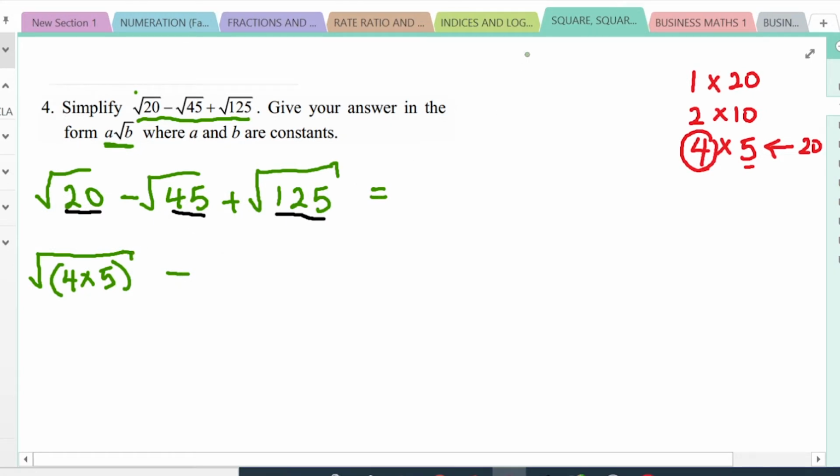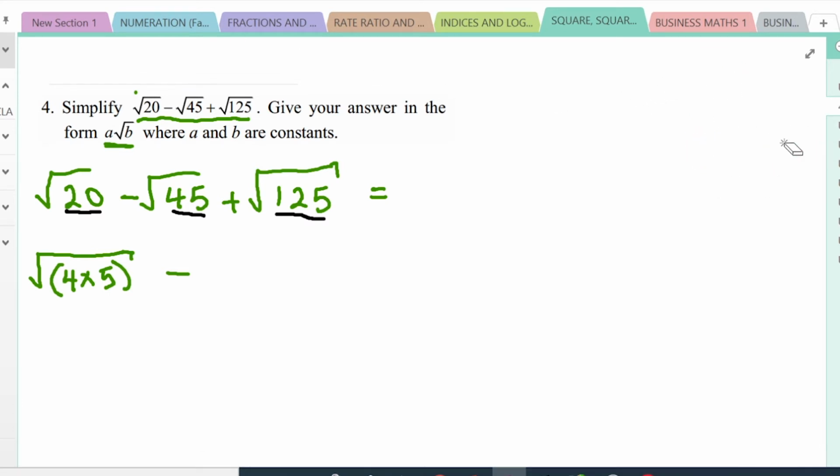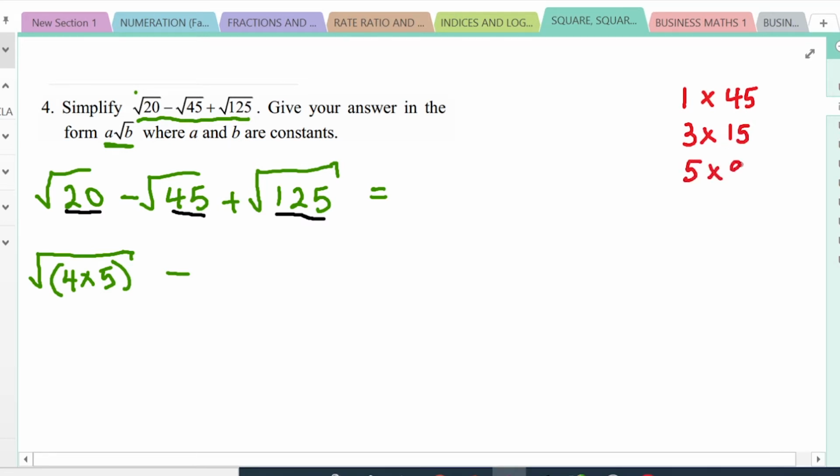We'll go to 45. So let's do the factors of 45. So the factors of 45, this is what we have. 45, we have 1 times 45. 2 doesn't fit there. We have 3, we have 3 times 15. Then we have 5 times 9.